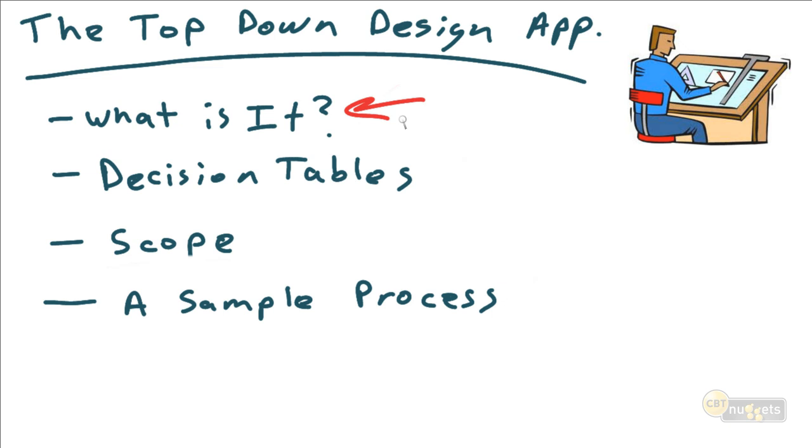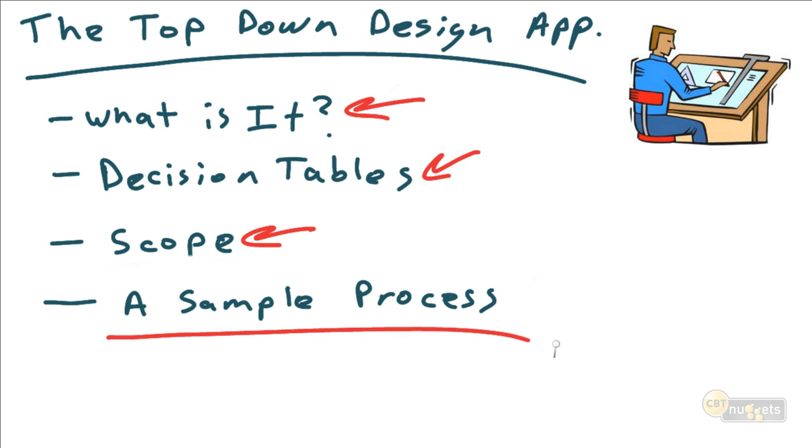We took a look at decision tables, and we saw how they're a great mechanism for taking the requirements of an organization and making the appropriate decision based on those requirements. We talked about the importance of scope and how we really need to look at just how big of a design this is. And then we walked through a sample process for design. We took a look at things like a rollback procedure and giving the customer an estimate on times when it comes to all this implementation.